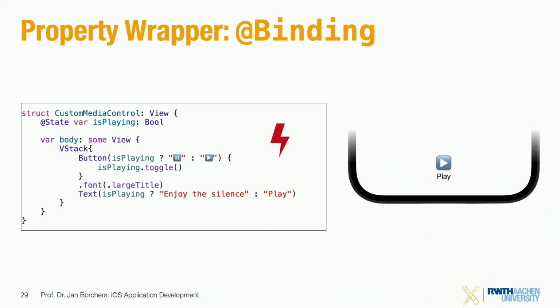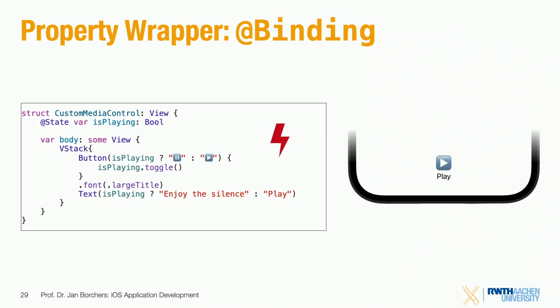That looks great, but it's not going to work because we've only used a simple state variable. And as we just discussed before, the state variables will only be true inside this view, right? So this does not actually help to pass the stuff from outside the view into the custom media control.